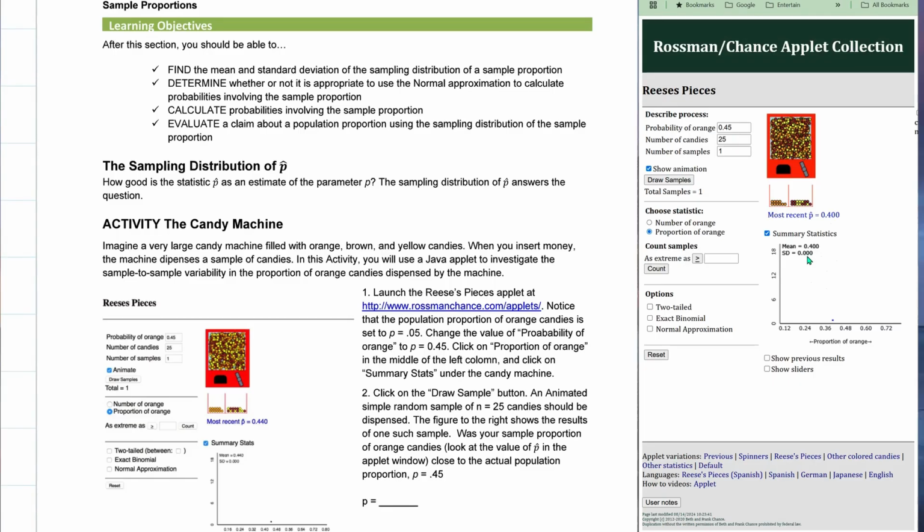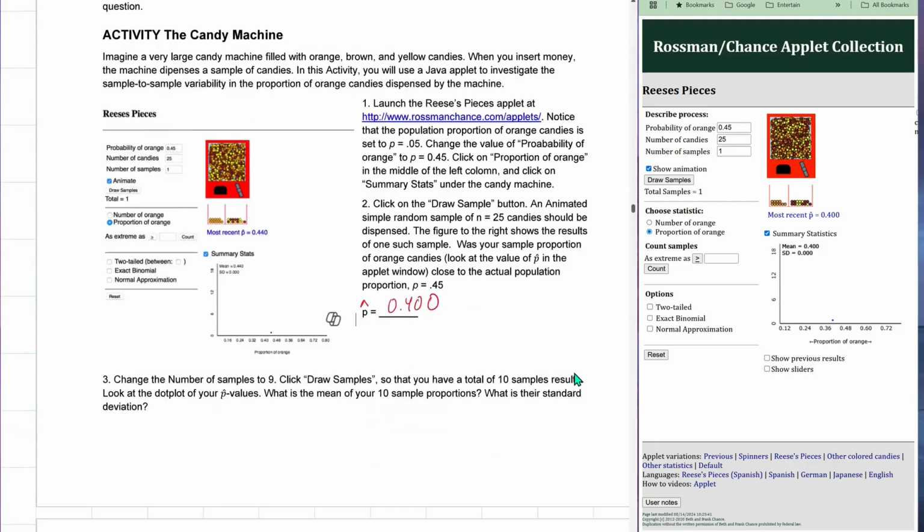So we did that one sample, and indeed we got 0.400 as that p-hat value. Now, that's only one sample. That's not nearly enough to think about in terms of the distribution of sample proportions.